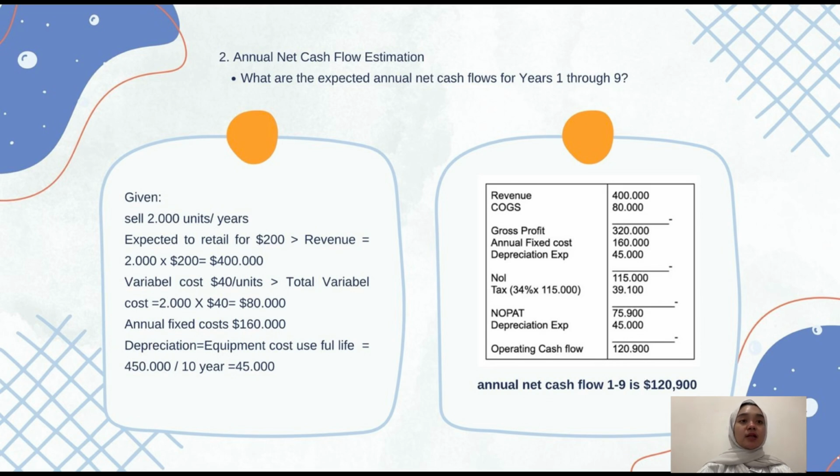Get the tax by multiplying the tax percentage by the result, getting a tax value of 9,900, which produces a net operating profit after tax value of 5,900, and add a depreciation expense of 45 because this depreciation is a non-cash expense, thus producing an operating cash flow of 120,900.